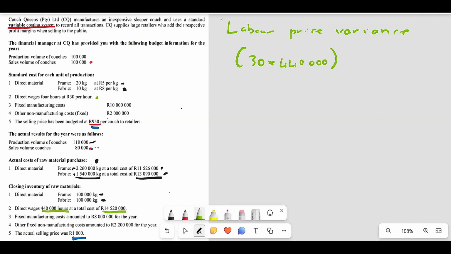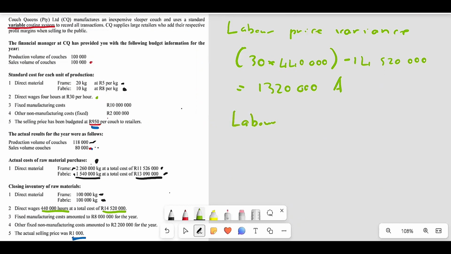Okay, and then we minus the actual cost. So therefore, this gives us an amount of 132,000, which is adverse.